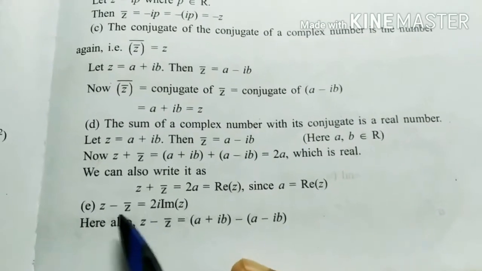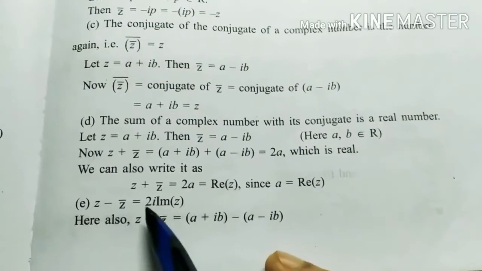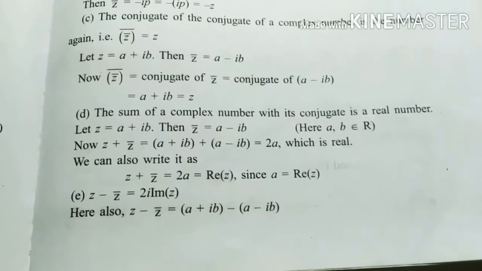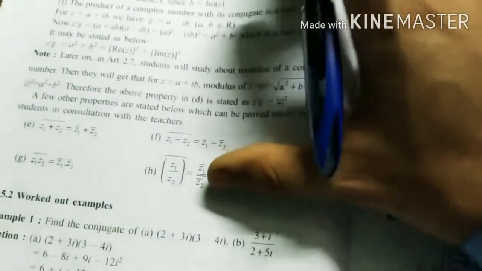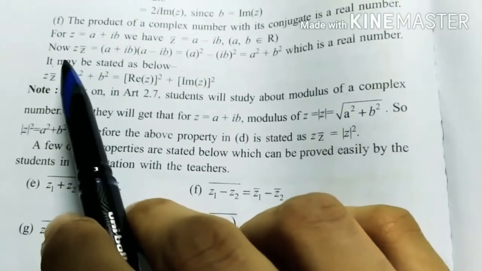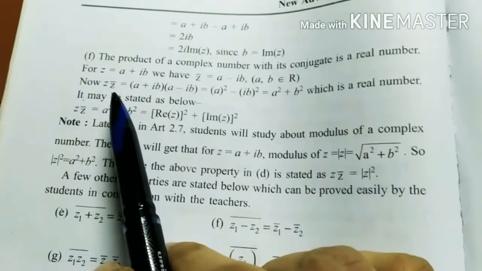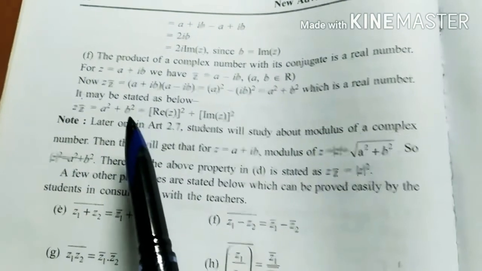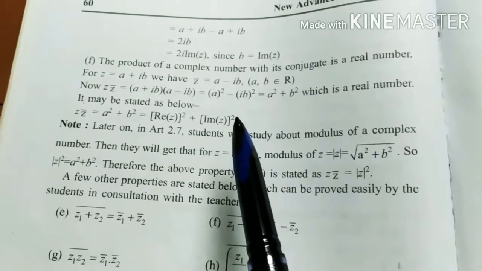And next, z minus z bar is equal to twice i Im z. This one you will have to remember. And the next one, the most important one: if I do z into z bar, I get a square plus b square, which is (Re z) whole square plus (Im z) whole square.